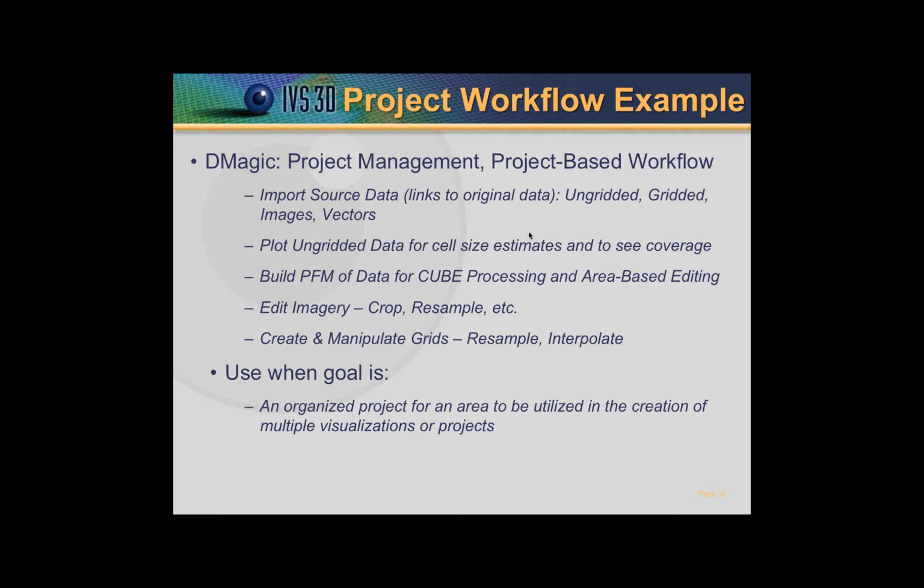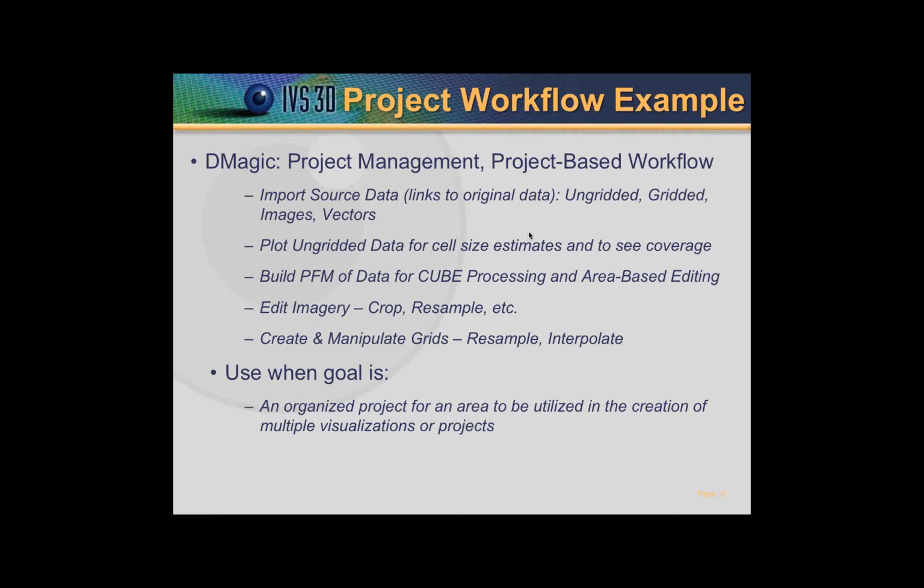Then use the DMagic tool to manage that and prepare it for Fledermaus. It gives you the opportunity there to be able to see geospatially where your data is. You can plot it to look at cell sizes, look at the coverage. This is where you do, for the hydro and processing folk, build your PFM data set, the Q parameters initially, run that area-based editing initially and set it up.